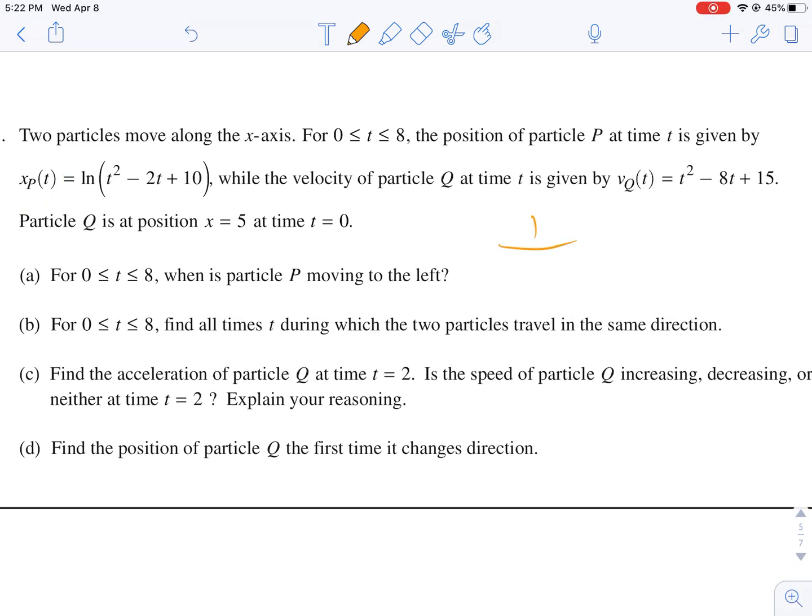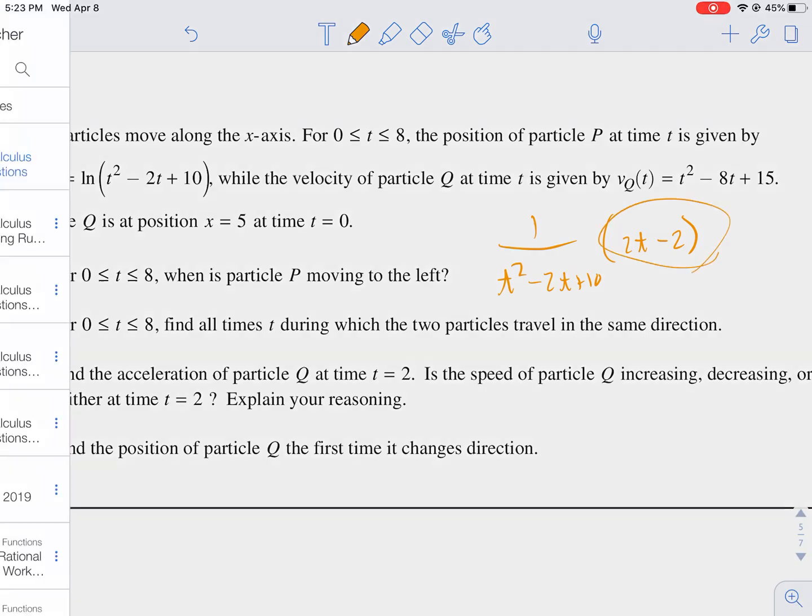So the derivative of this is 1 over (t squared minus 2t plus 10) times the derivative of the inside, 2t minus 2. Now this can actually never be 0. That's always positive, which you can try to factor or use the quadratic formula and see that it has no real zeros. So we only get a 0 from this one, which is at t equals 1.